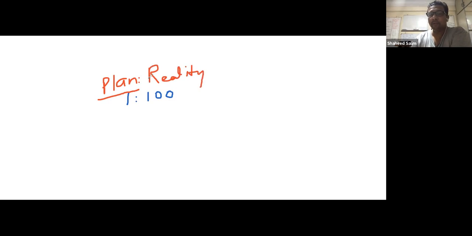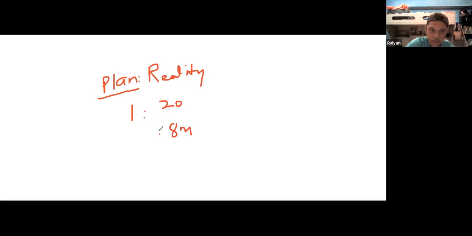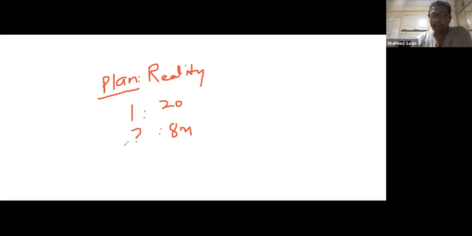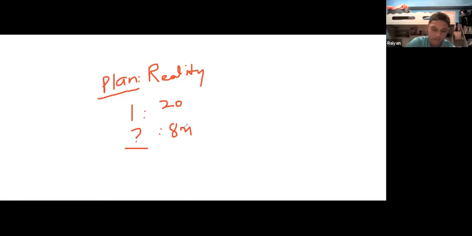So now this is no longer 1 is to 100. I will adjust it. 1 is to 20, sorry. 1 is to 20. And then they tell you this is now 8 meters. So how do you find the distance on the plan? Take 20 divided by 8, or 8 divided by 20.